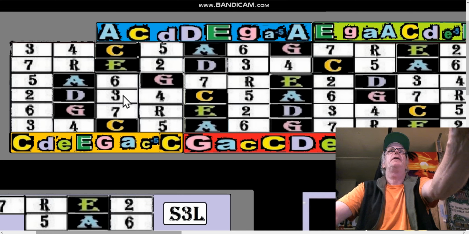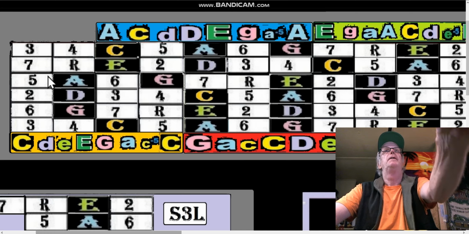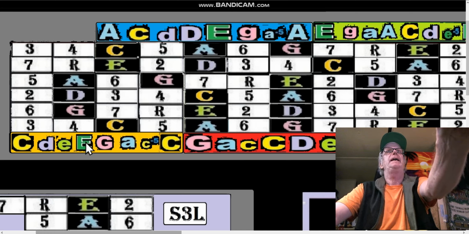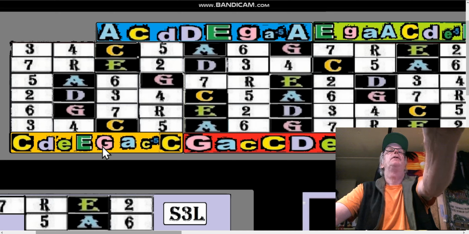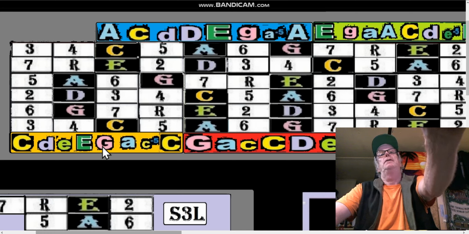Everybody knows 7, 3, 5. We're going to go to an E major shaped F, which is going to be root, 4, 6. We're going to go to a G shaped fifth, which is going to be 2, 5, 7.